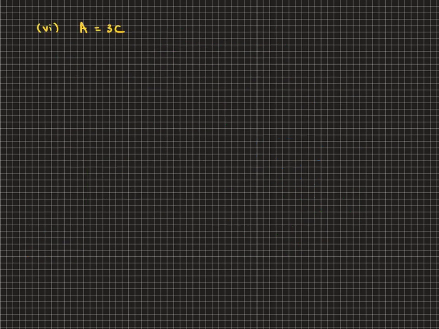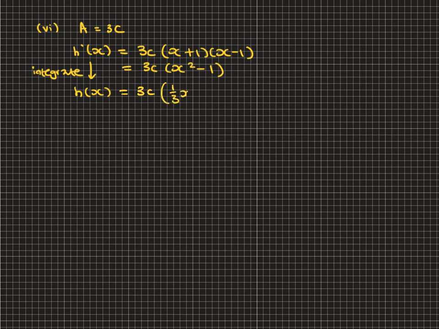So we now know that a equals 3c, so we can actually write down h dash x is 3c(x + 1)(x - 1). I'm going to expand, so I get x squared minus 1, which is a little bit simpler. And then if we want to find out h of x, then obviously we need to integrate to go from h dash of x to h of x. So this gives me 3c times (1/3 x cubed minus x) plus a constant, which we're not going to call c, as that will cause some degree of confusion.